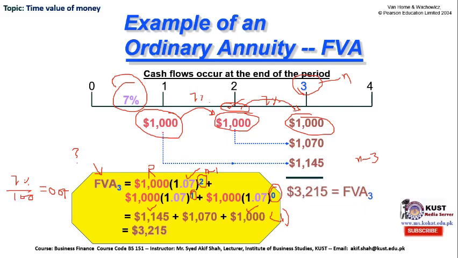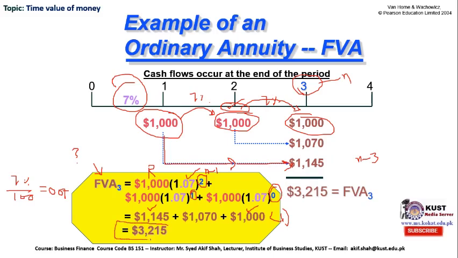So you can see with the help of this arrow that 1000 gets a jump of 7% to reach the end of the second year, and similarly it will get another jump to compound to this 1145 value.